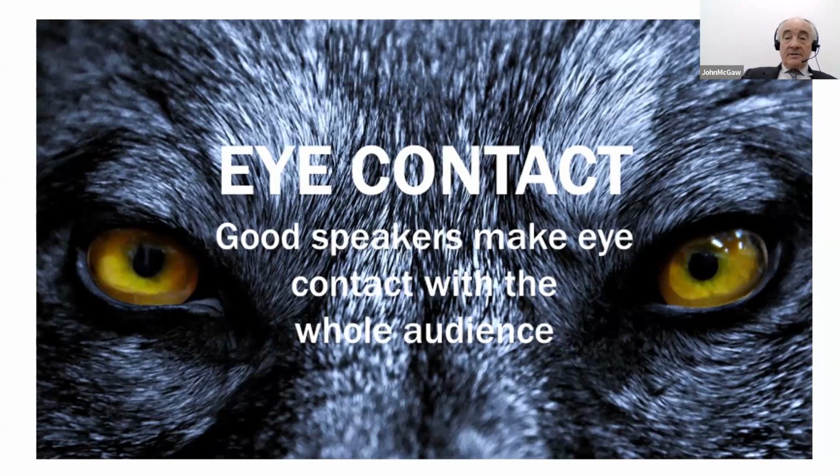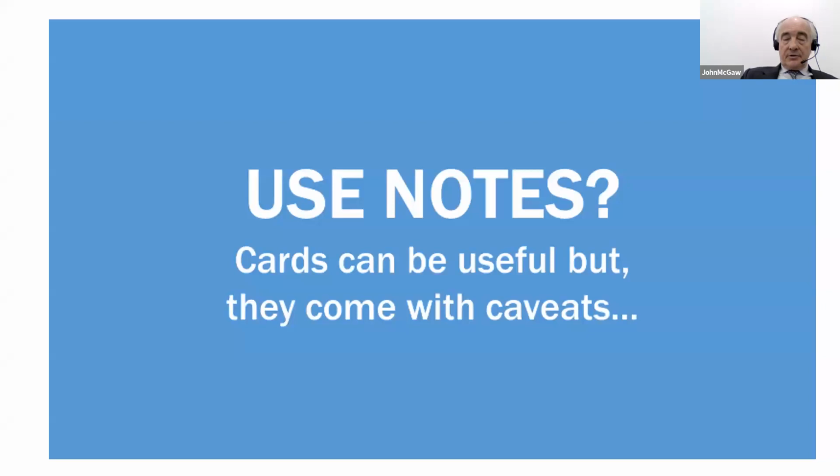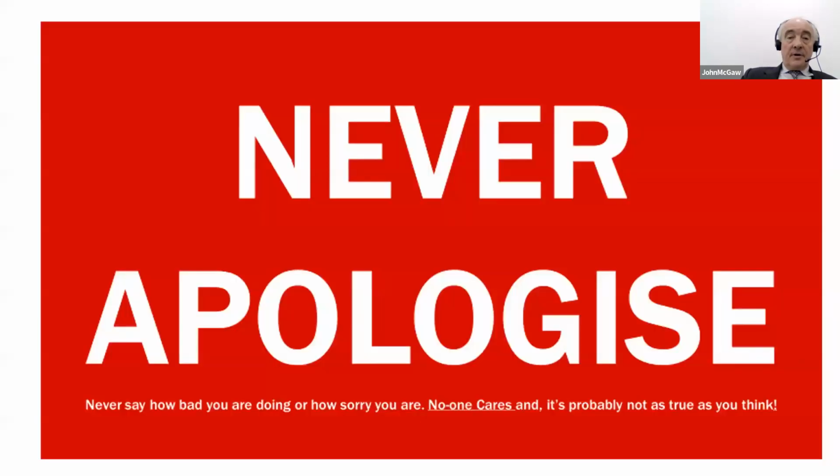So eye contact is really important. And now I come on to the notes. So you may want to have cards, but I would suggest not to read from them.